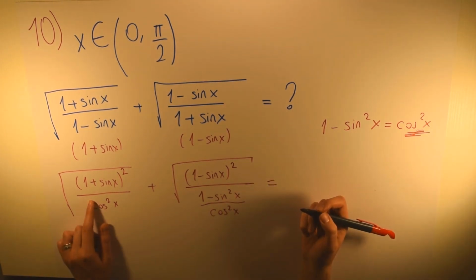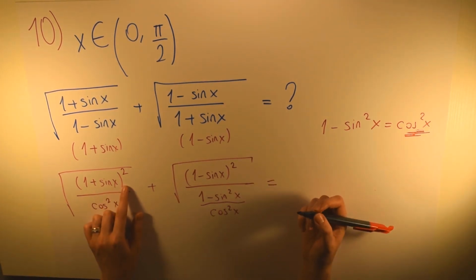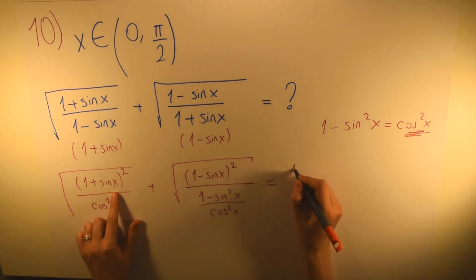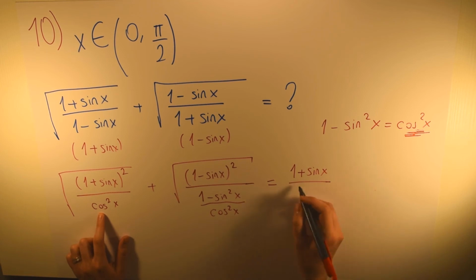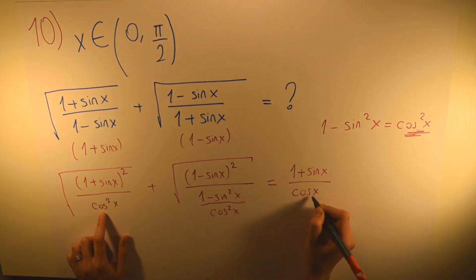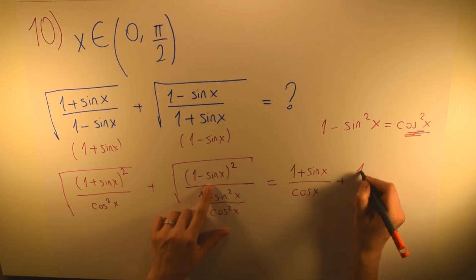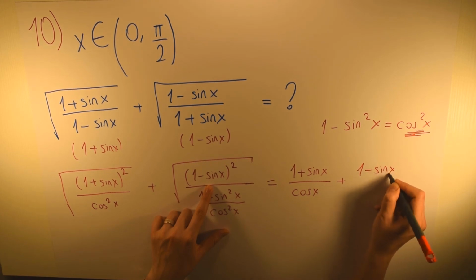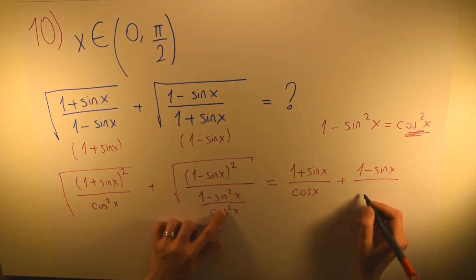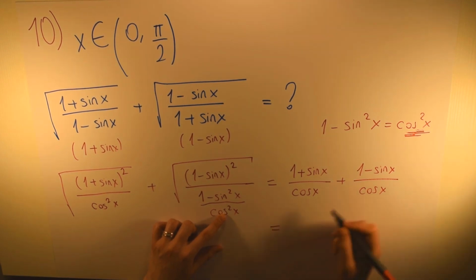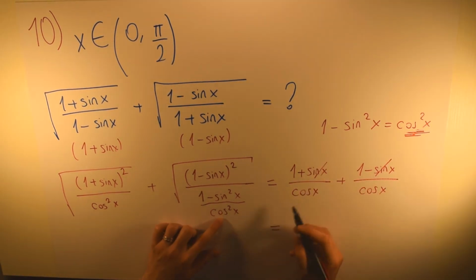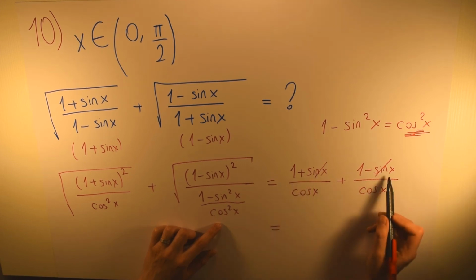So here I can write this as 1 plus sine x over cosine x plus 1 minus sine x over cosine x. Perfect. Now we can cancel these two, because one is plus sine x and the other is minus sine x.